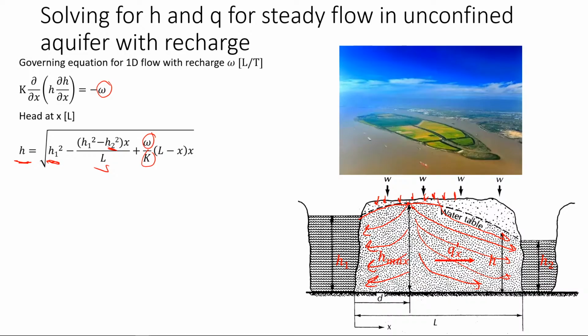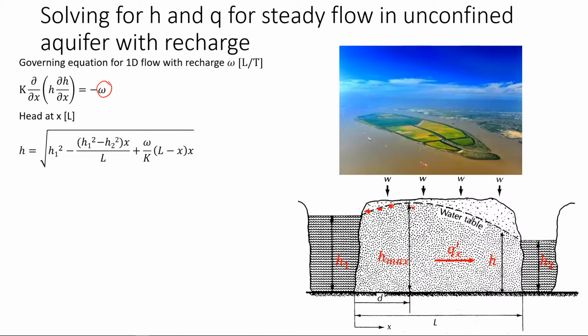But this is not important, because I will show you this in the next video. The important part is that we have an equation, an analytical closed form solution that we can use to determine the head at any part of my aquifer. If I told you what the head is here, you will be able to know it. What is the head here? You'll be able to know.